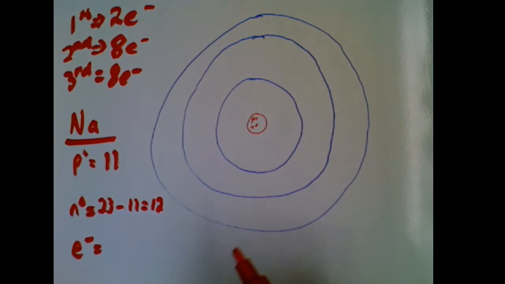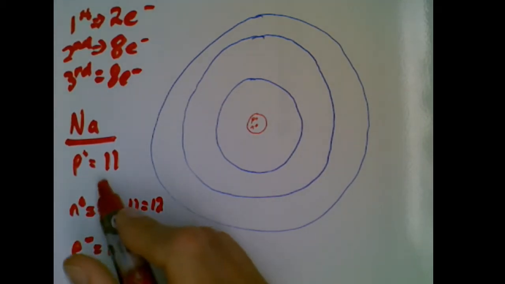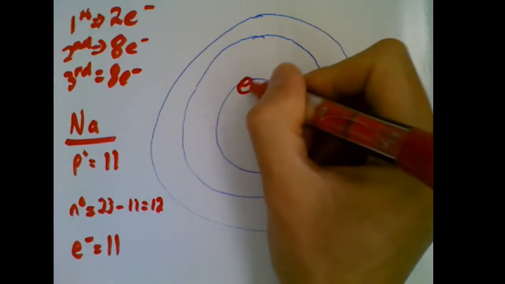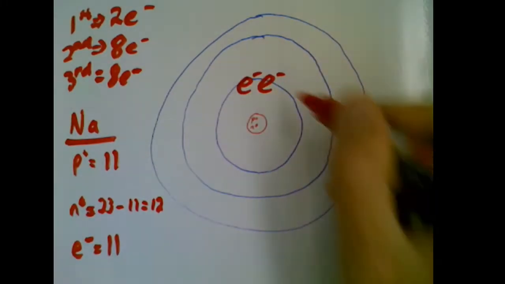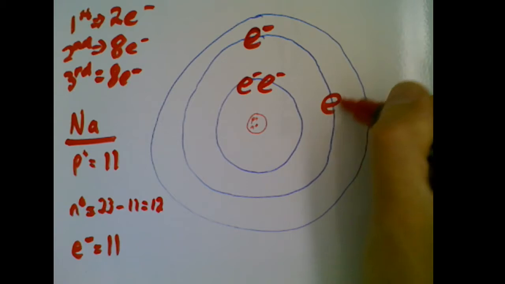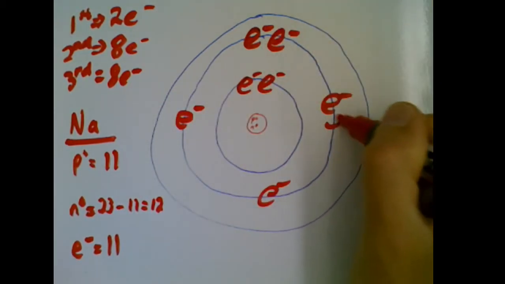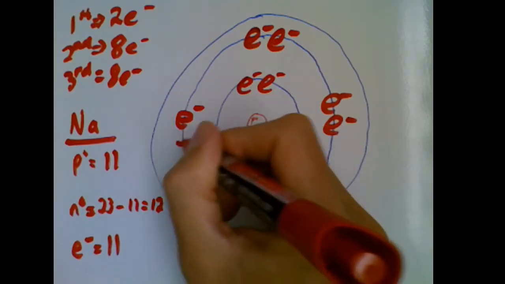That tells us the neutrons. The electrons, those in a pure element are going to be the same as the protons. So we need 11 electrons. We would go 1, 2, 3, 4, 5, 6, 7, 8, 9, 10.